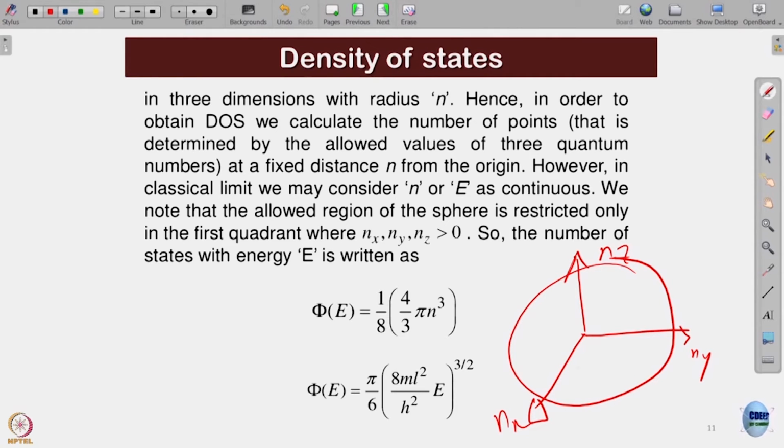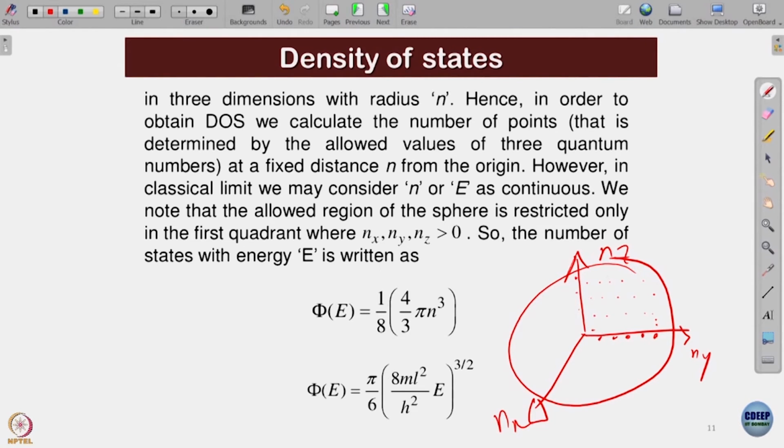The points which correspond to nx, ny, nz are in just one part, one octant of this 3-dimensional sphere.